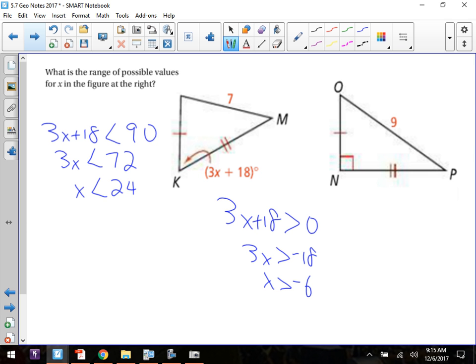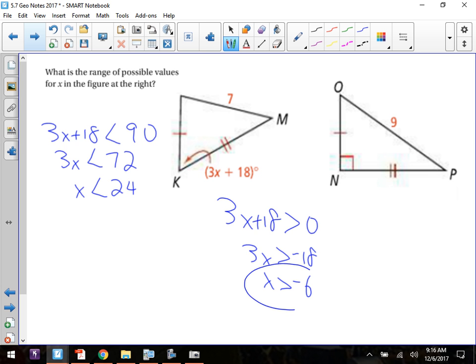Whoa, can I have an x value that's negative? Yes, because pick a number greater than negative 6. Negative 5, right? What's 3 times negative 5? Negative 15. What's negative 15 plus 18? 3. Is that a positive angle? Yes.